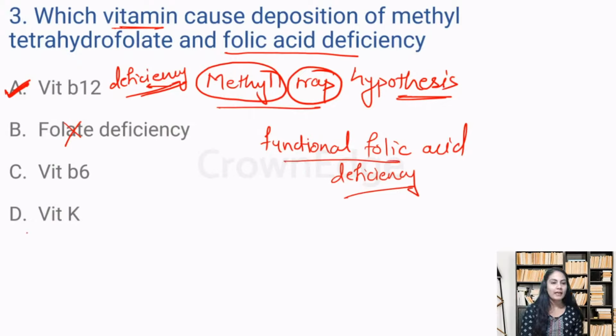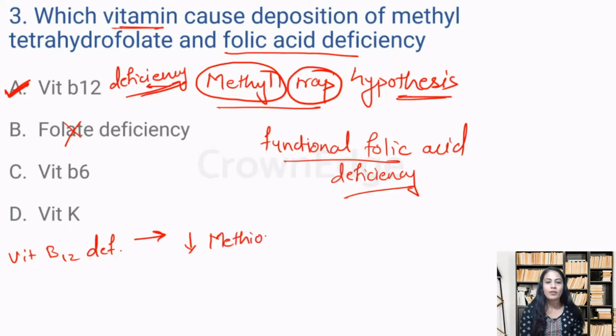Now, what is that? If vitamin B12 deficiency is there, I'll just write def for deficiency, what is going to happen? There will be a decrease in methionine synthase.